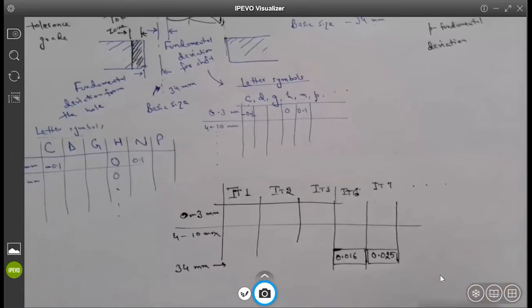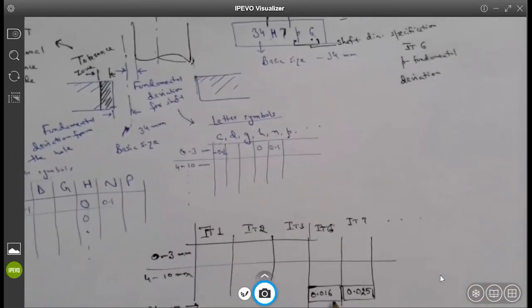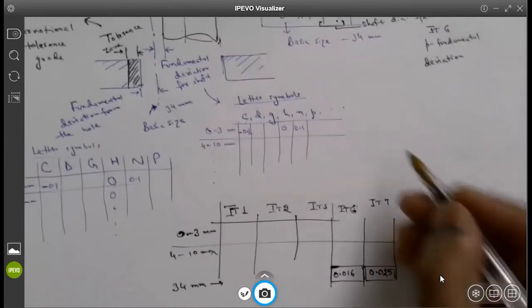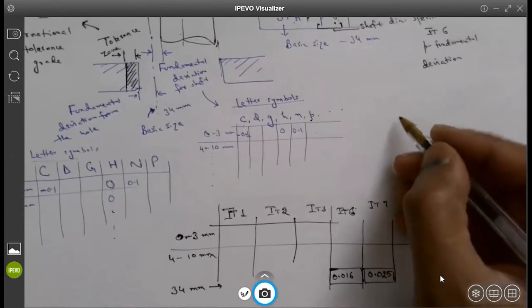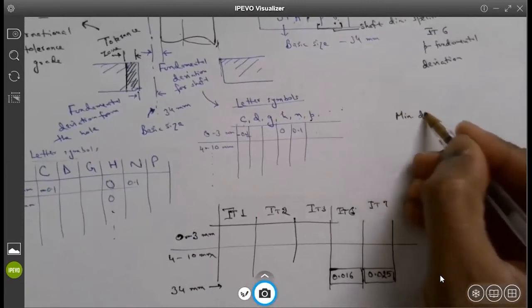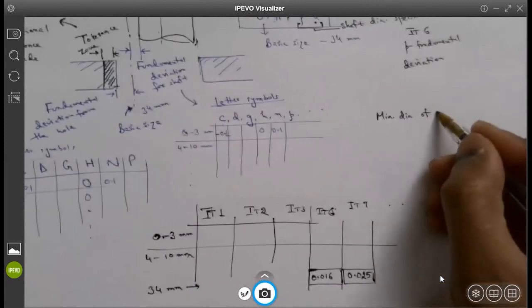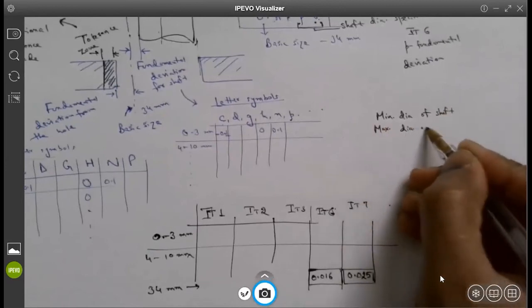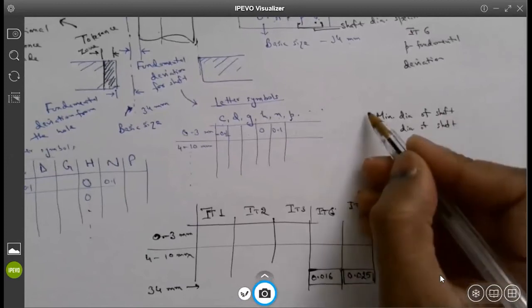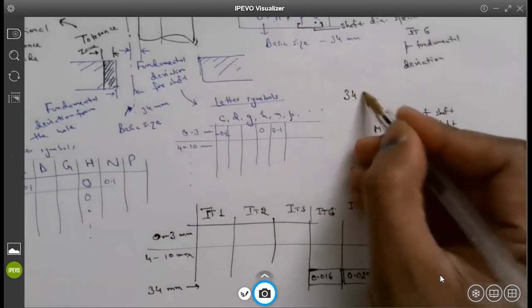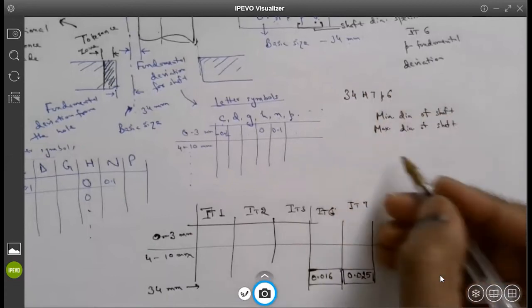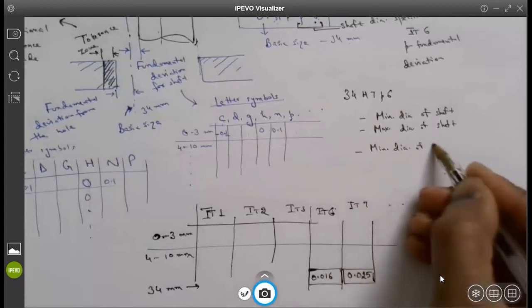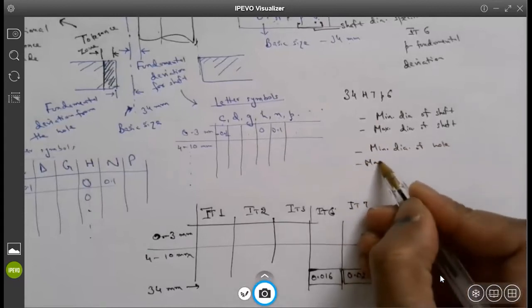Great. Now we are going to use this information to find the minimum diameter and maximum diameter of my shaft for our 34H7P6 specification, and similarly, the minimum diameter and maximum diameter of my hole.